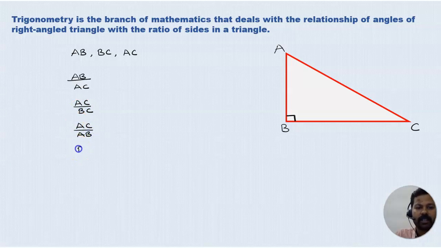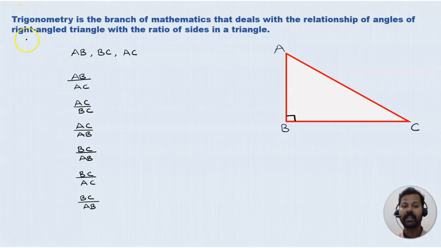We can write other ratios as BC upon AB, BC upon AC. So using the sides of a right angle triangle, we can form a total of 6 ratios.